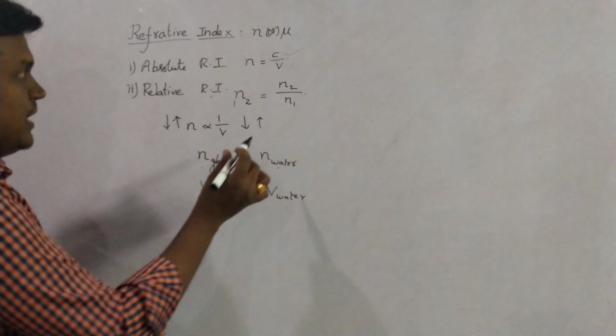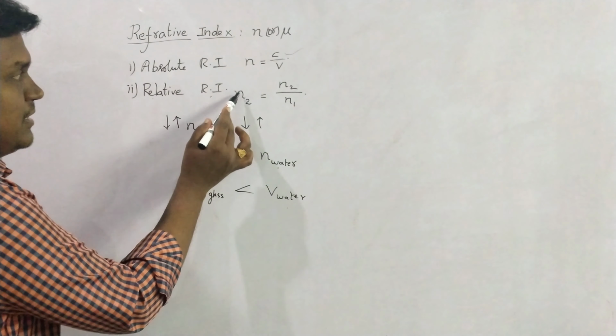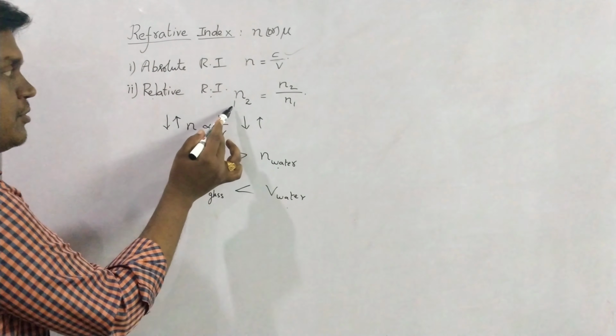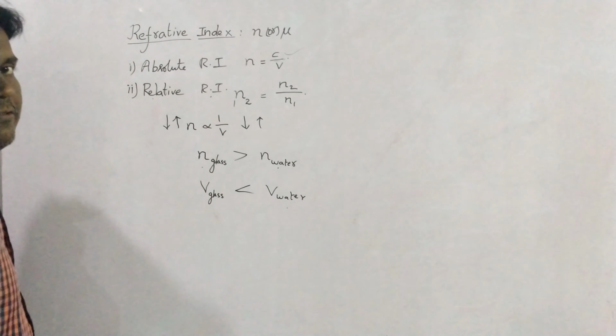So this is relative refractive index. Relative refractive index is given as the refractive index of medium 2 relative to medium 1, N2 by N1.